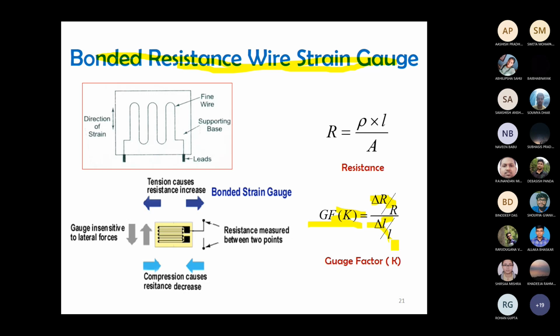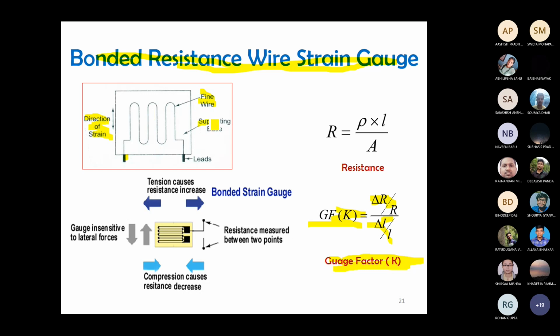So any change in your length or area will directly reflect in the resistance. That is why, due to stress, your gauge factor also differs. For this study, the gauge factor is considered as delta R by R divided by delta L by L. Regarding the direction of the strain, you can see fine wires in between.